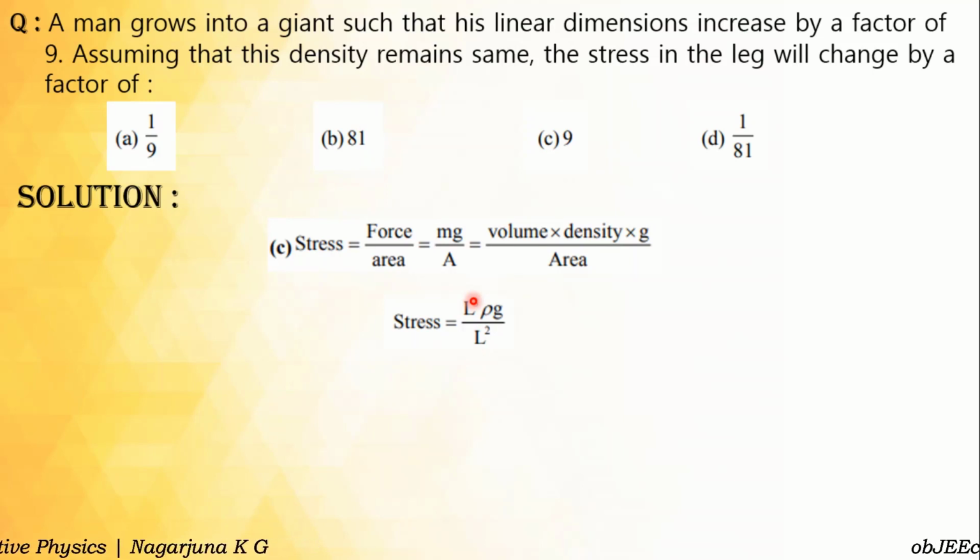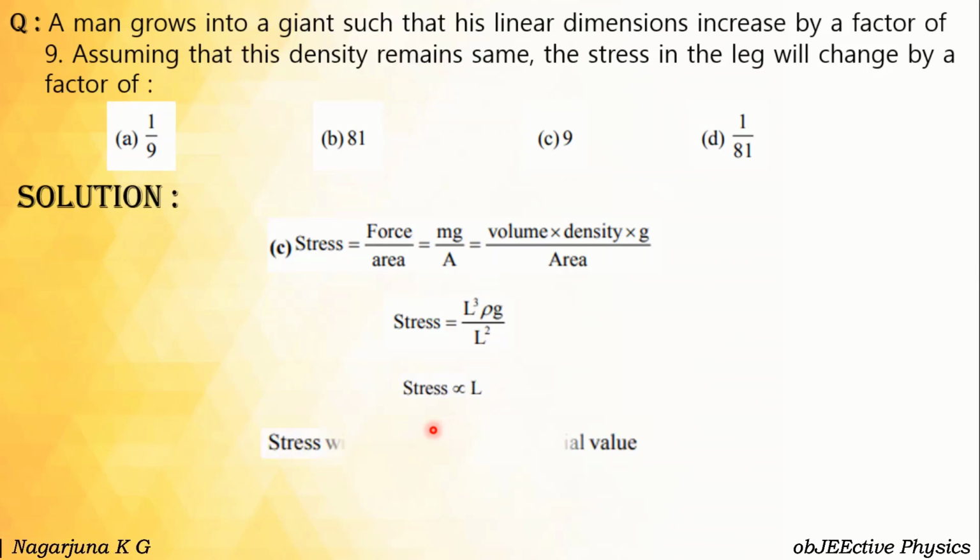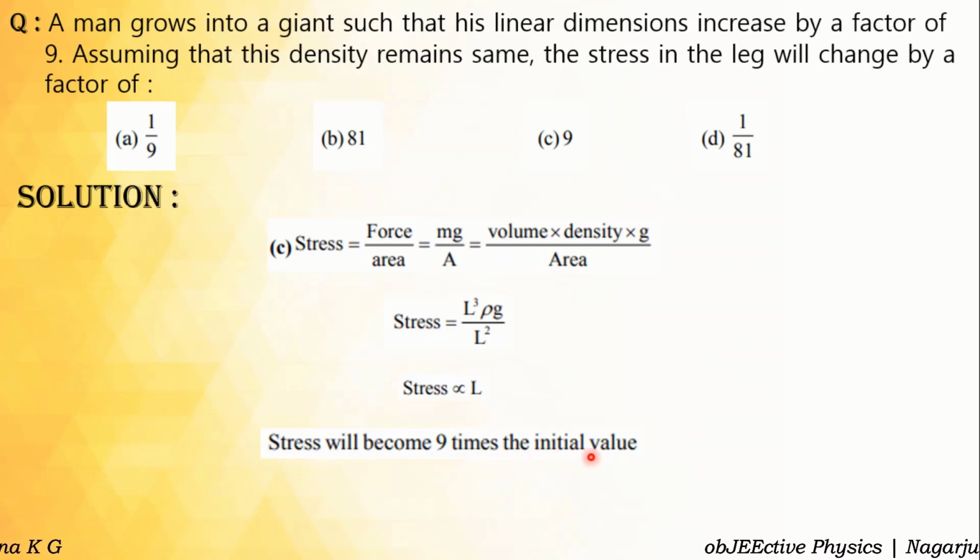That is, stress is equal to L rho g. Rho is constant, g is constant. Therefore, stress is directly proportional to L, or stress will become 9 times the initial value. That is option C is the right option. Next question.